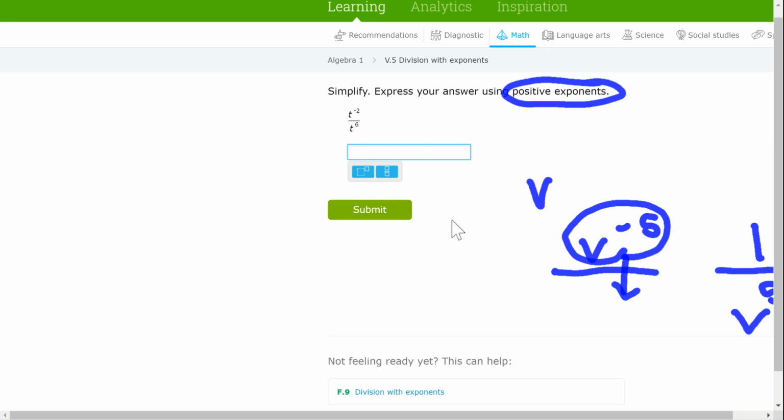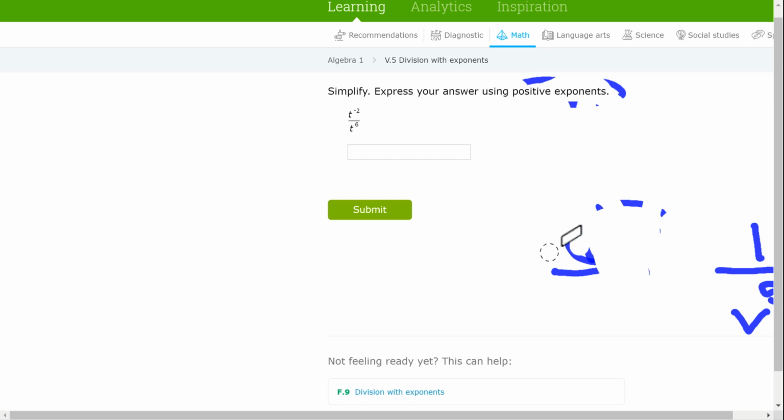All right, so this should be our next problem. Notice that it also says use positive exponents. So there's different ways to do this. You can automatically make this a positive exponent.